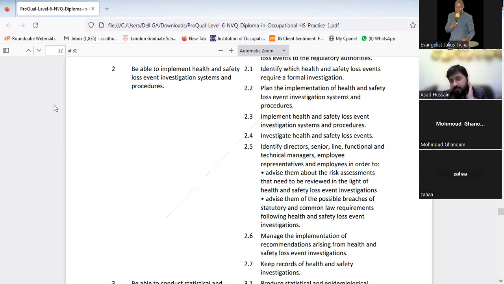But in a case where we've not had any loss event or minor or major accident that requires investigation, what then become our evidences? No, I can't get you. Please speak it again. I say in the case where we haven't had any major accident that requires investigation, what can we bring forth as evidence?